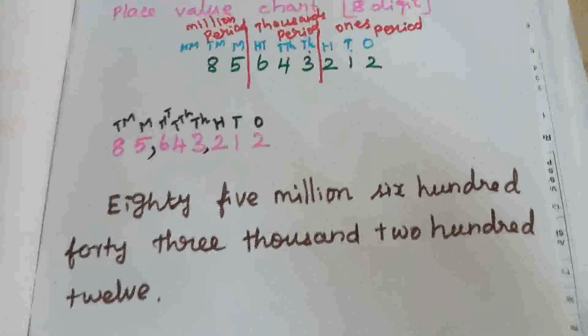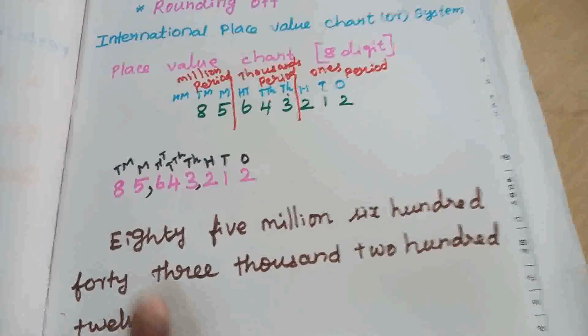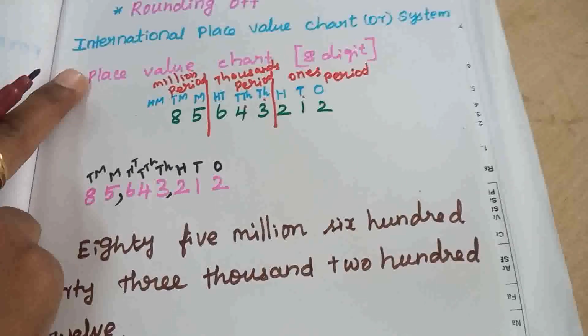So this is a way to write the number names for an 8-digit number with the help of the international place value system.